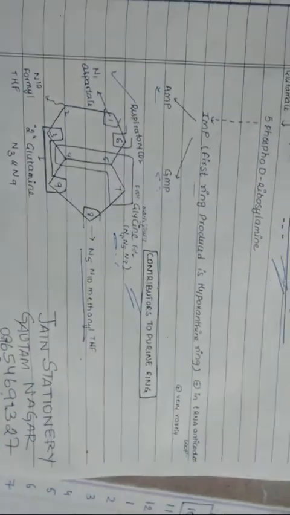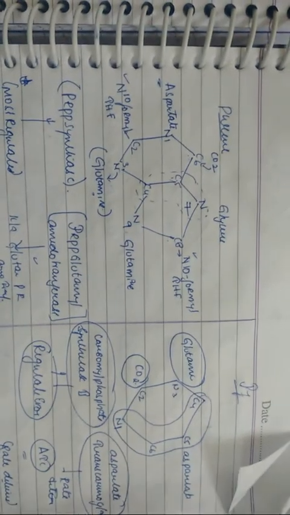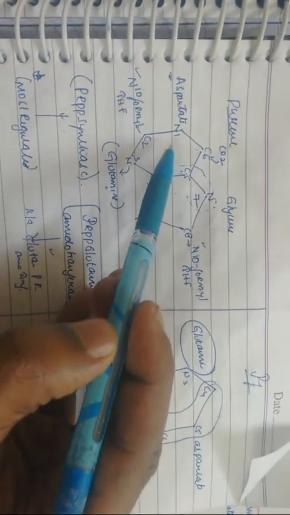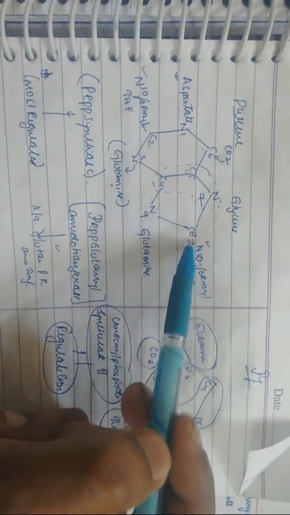The other thing you have to understand here is the structure of purine. They ask you questions here, which atom is donated by whom? Suppose you see the structure of this purine, so let me make it clear. This is 1 2 3 4 5 6, you can see the 7th atom, 8, 9.